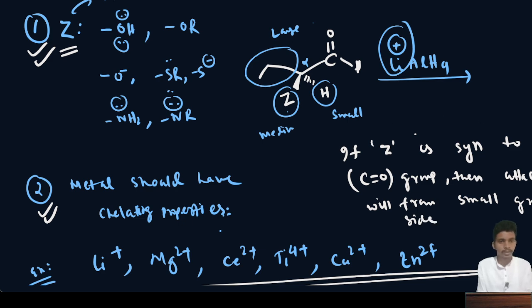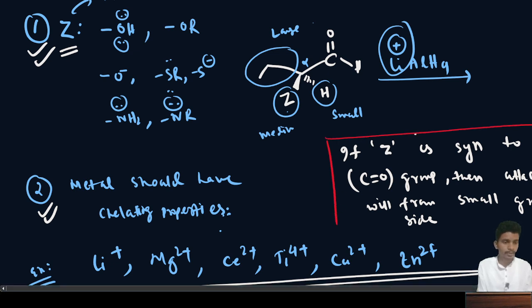Okay, so this is Cram's chelate model. What it says is that if Z is seen to the CO group, then attack will be from the small group side. So we attack with lithium aluminum hydride from the small group side, meaning from the back side.